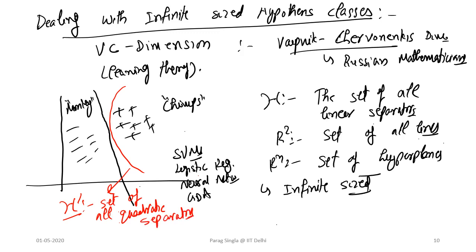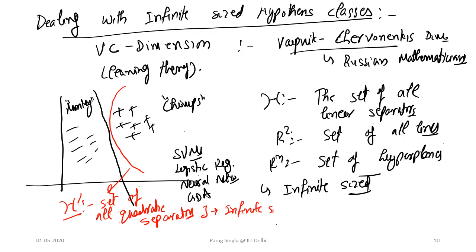And intuitively we do understand that this H prime is probably representationally more powerful than H. But both are infinite size.